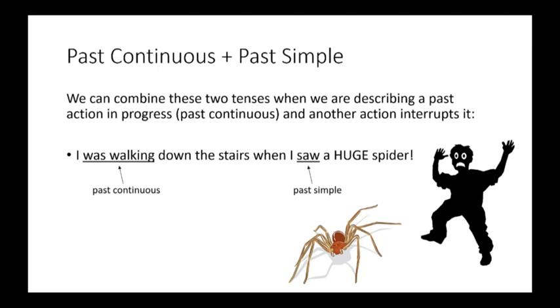So it stops that action. For example, I was walking down the stairs when I saw a huge spider and it stopped me. I stopped walking, so it interrupted that action. Was walking is past continuous and saw is past simple.